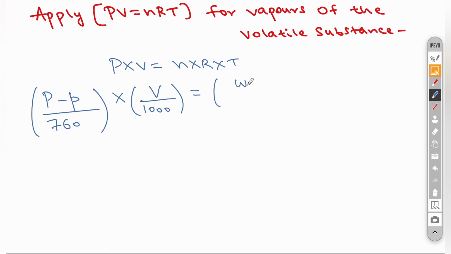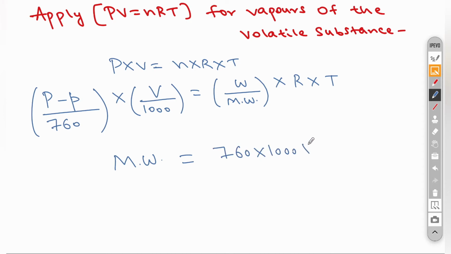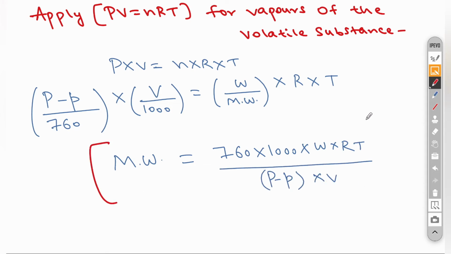Moles we know, given weight divided by molecular weight. So given weight was W, molecular weight we have to find out, into R into T. So molecular weight will come out to be 760 times 1000 times WRT divided by capital P minus small p into V. So this is the formula. Either you remember this line or the first one, PV is equal to nRT simply.